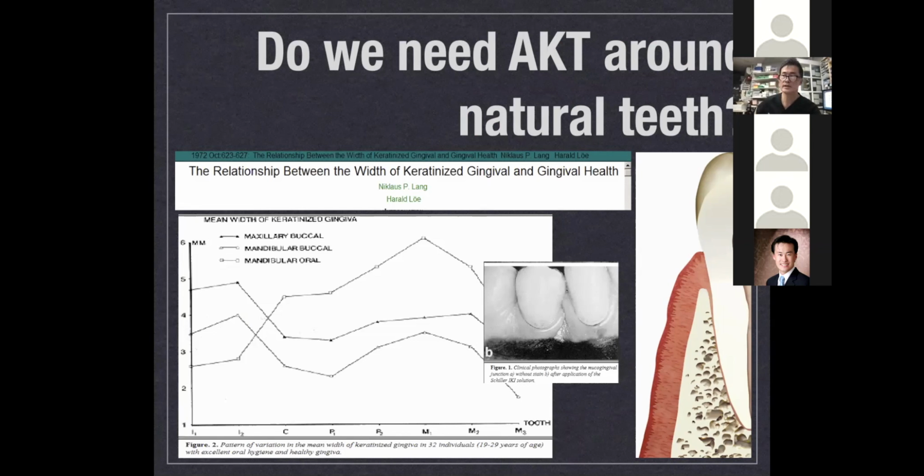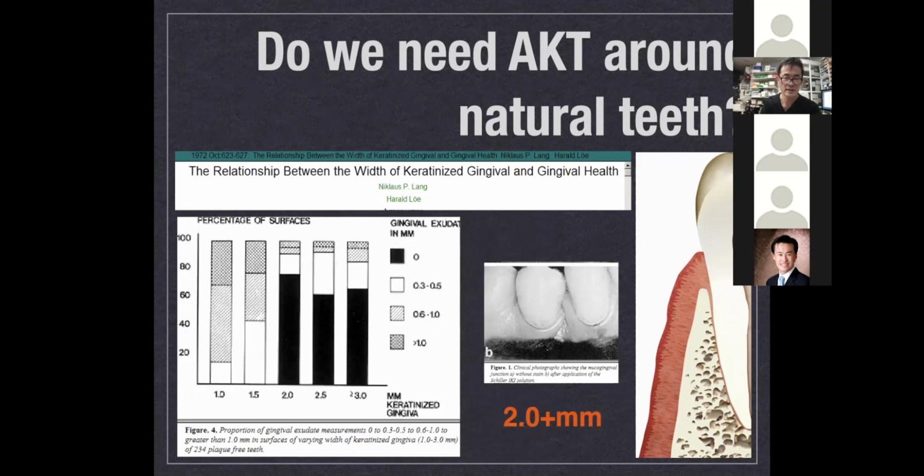Literally, it's a study where they looked at dental students in Scandinavia, basically in Sweden, in the 70s, which means they were young, Caucasian, smokers in their 20s. And in that healthy population, apparently, the ones that had less than 2 millimeters of keratinized tissue had more gingival exudate than otherwise. So you can see the graph there.